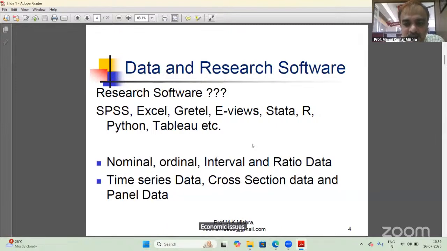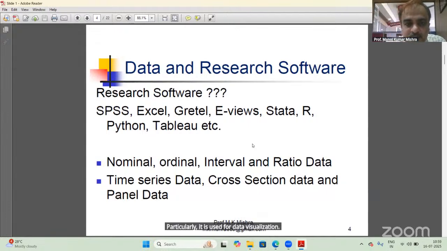Stata is a software, a very advanced software. R is a software, and you can download it. Any person can download it.